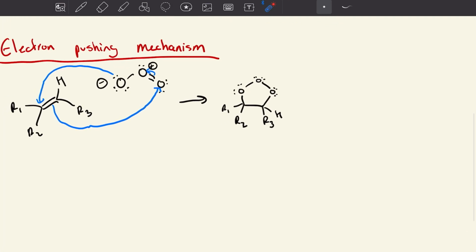So basically this ozone molecule just hopped on top of this alkene here. As you'll see, the sigma bond between these two carbons here is still intact, and the relative position of these groups is not changed.